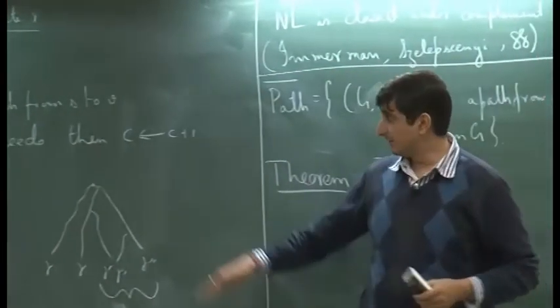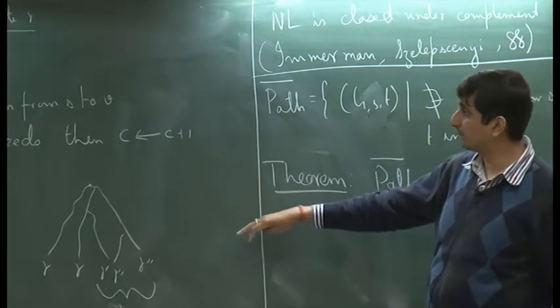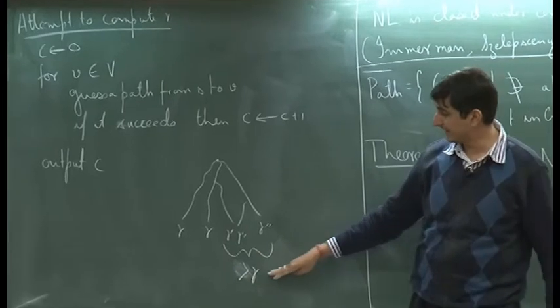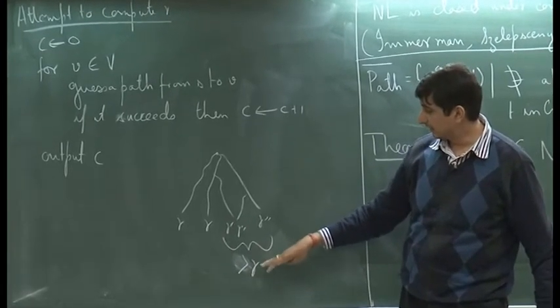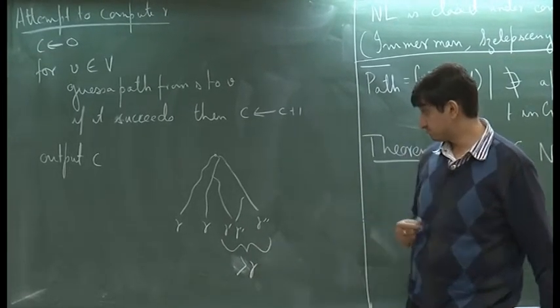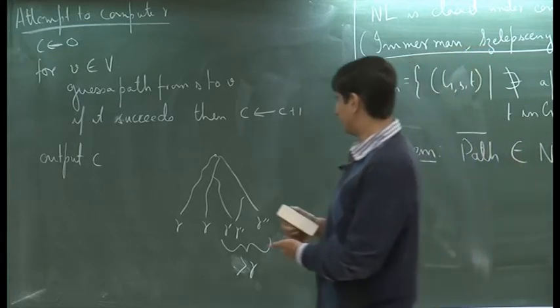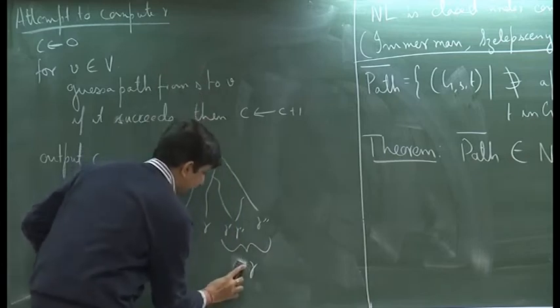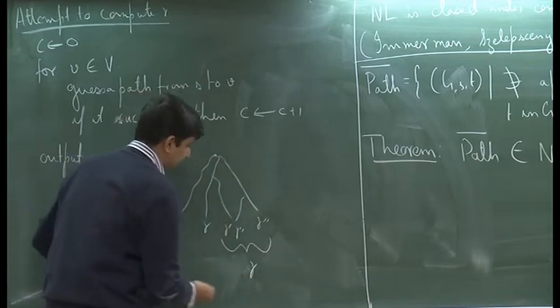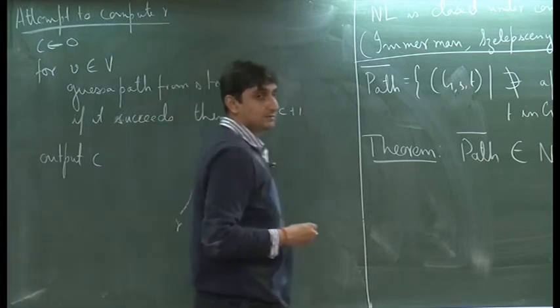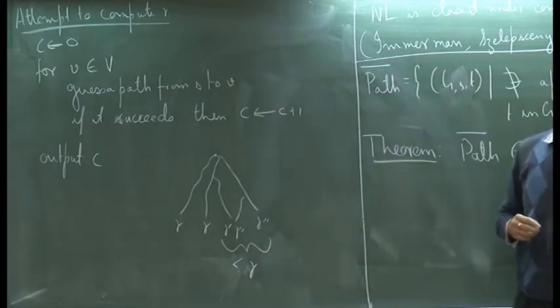If I am using this approach to compute R, what can happen is that along certain computation paths, I will get values which are smaller than R. So, this was incorrect. R prime and R double prime are strictly smaller than R, right.